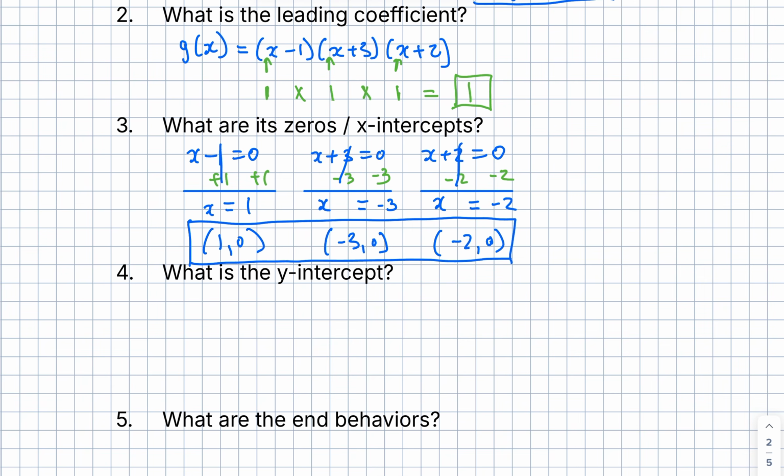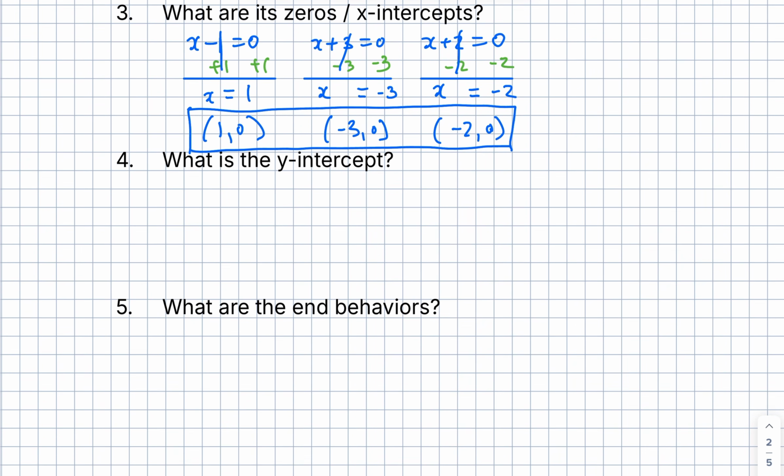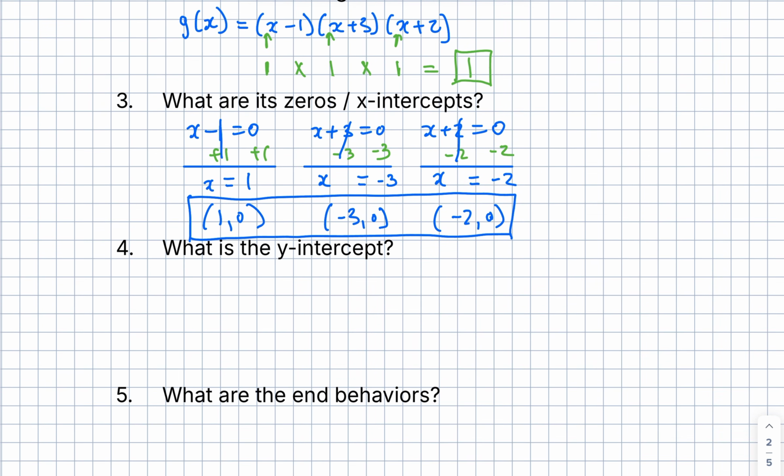Now, this is a little bit new. We've done this in Math 1, where we would find the y-intercept of a linear function. How do we find the y-intercept of this product function? Well, it's quite straightforward in that we're going to take the function g of x, and instead of x, we replace it with 0, which signifies that every x value in the function gets replaced by 0.